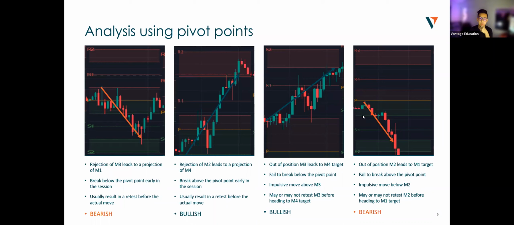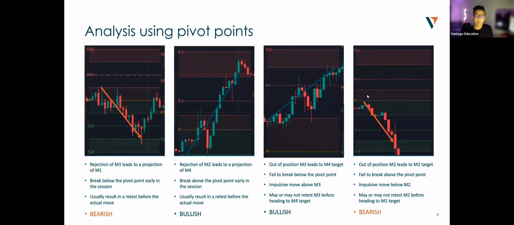So this is the out of position bullish move, and this would be the out of position bearish move. What happens here is that instead of a move above the pivot to achieve our M4, instead it moves in an out of position manner and breaks below M2 with the target at this middle point, which is M1. And this is a bearish move.